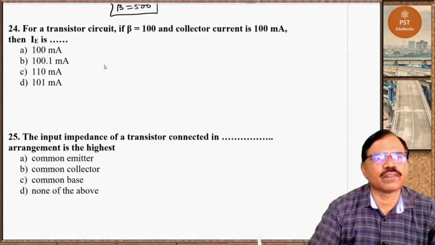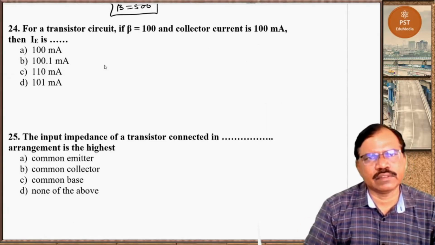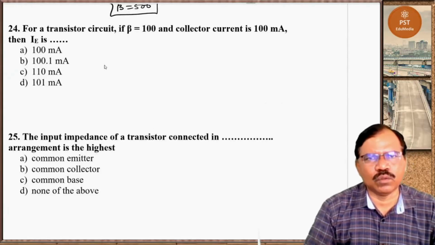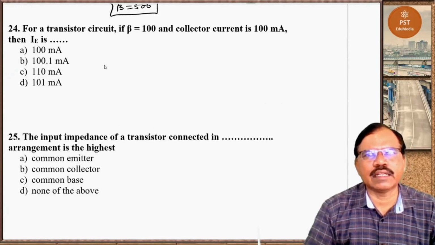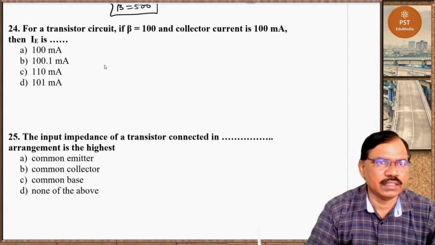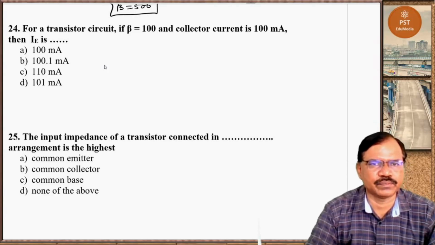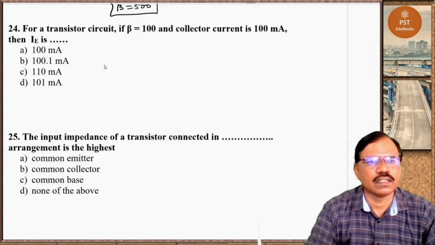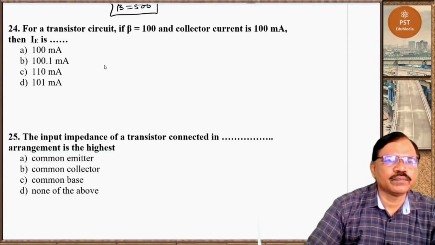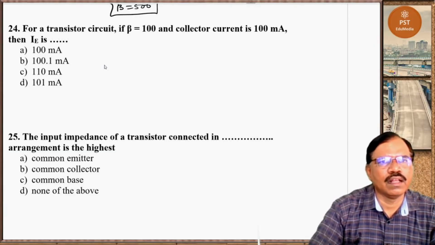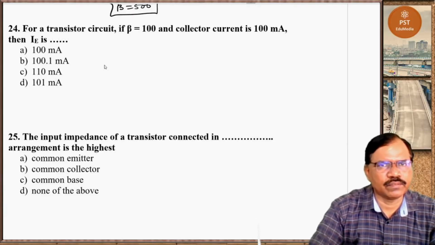Now next one, for a transistor, if beta is equal to 100 and collector current is 100 milliampere, then IE, that is emitter current, is. Here beta is given, we have to find IE.